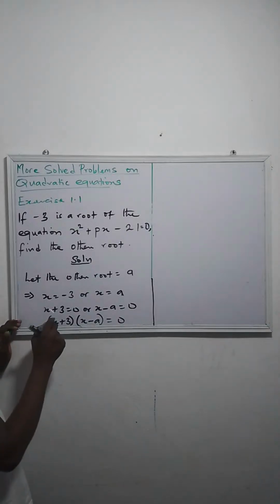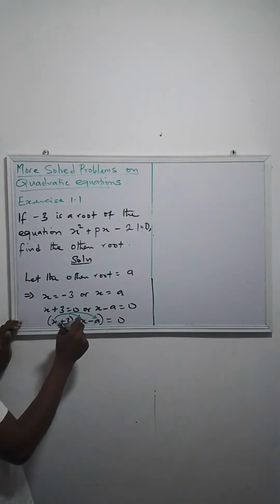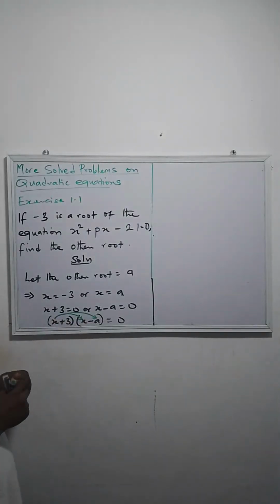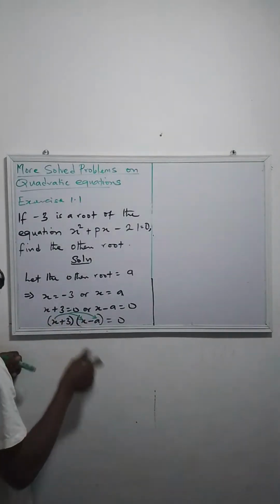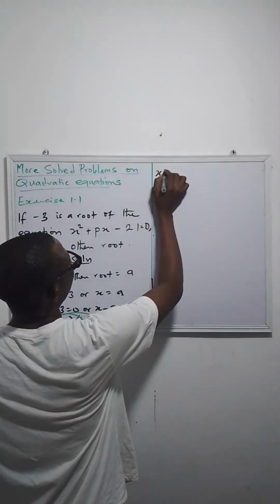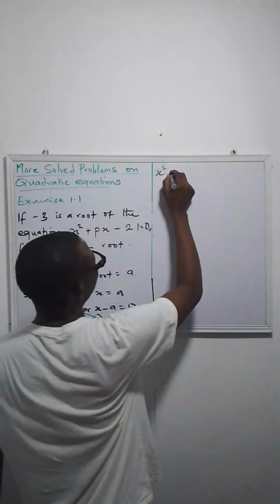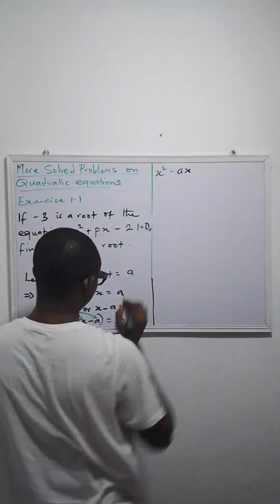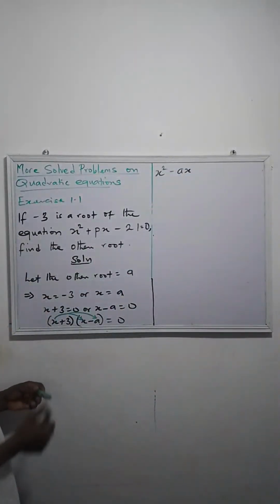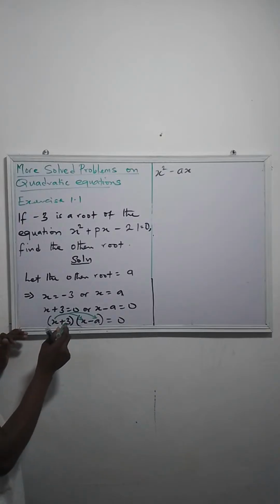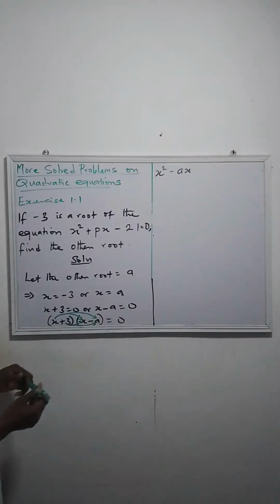Now to expand, this x will multiply the x here and also the a here. All right, can we expand now? So x times x, we have x squared. Now x times negative a, we have negative ax. Next, the 3 here multiplies x and also negative a.